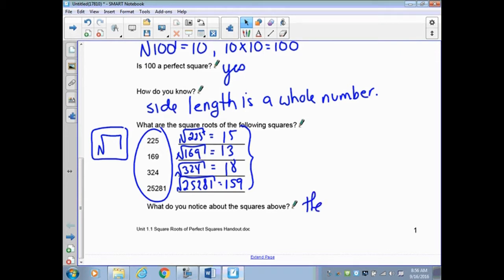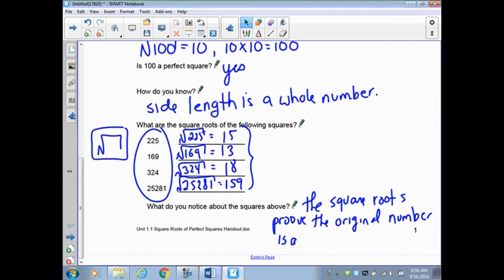So the square roots prove the original number is a perfect square. Hopefully you can read my writing.